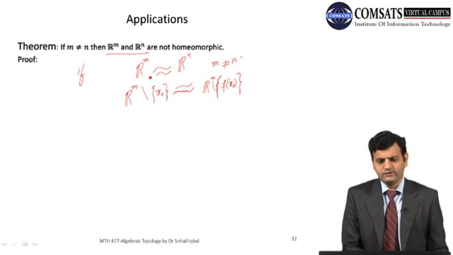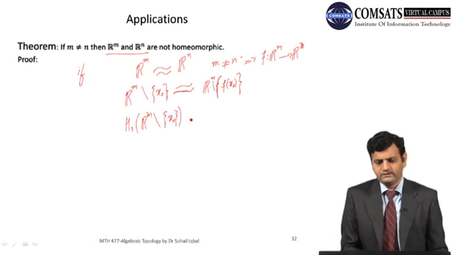If there exists a homeomorphism f from Rm to Rn, then these must also be homeomorphic. So the homologies of Rm minus x naught and Rn minus f of x naught must be isomorphic as well.